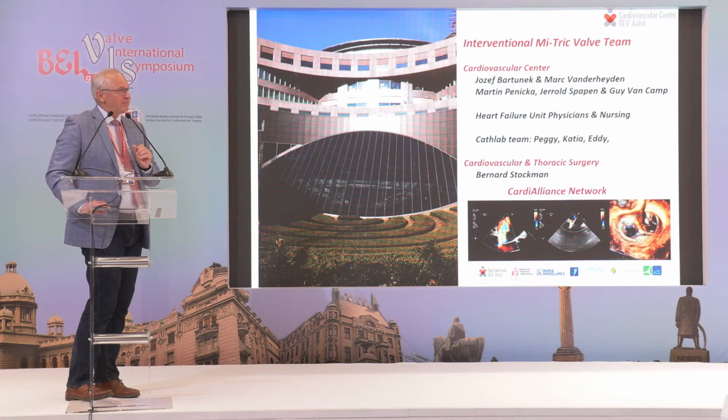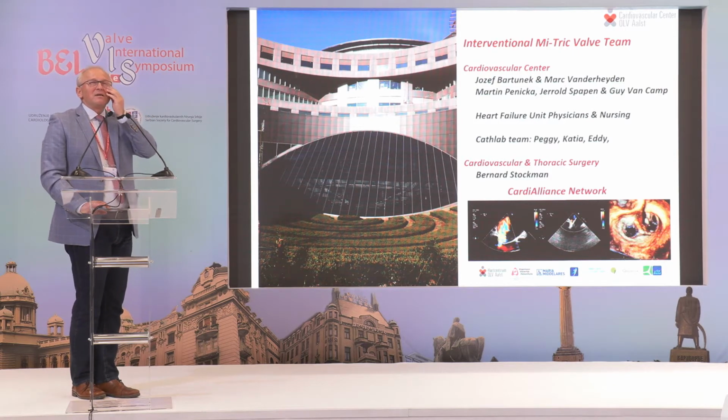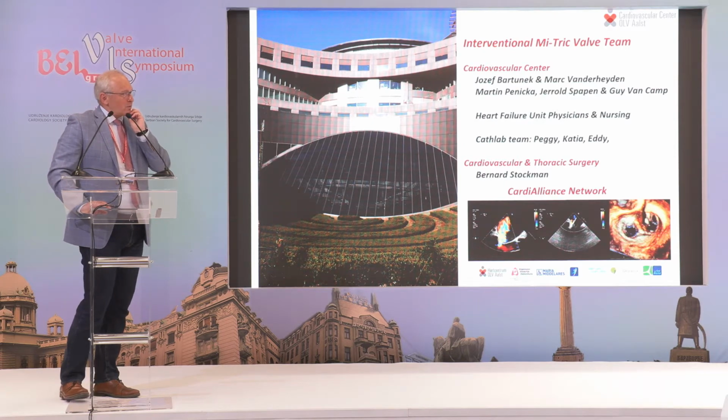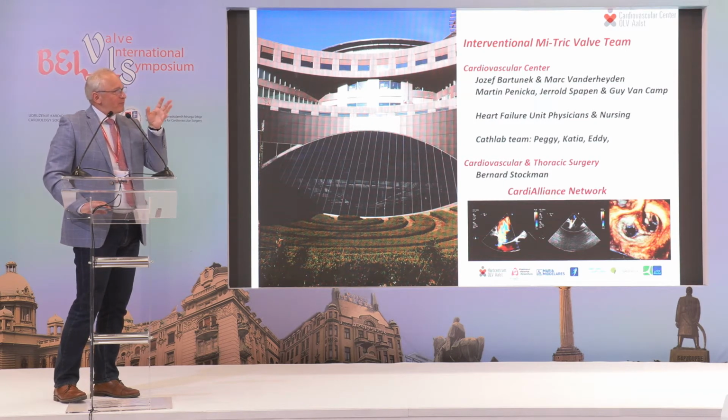In the functional group we have good outcomes and also achieve a better reduction. We have maybe 70 to 80% residual MR grade 1 in the functional, whereas in the organic it's maybe 50% grade 1 and 50% grade 2.